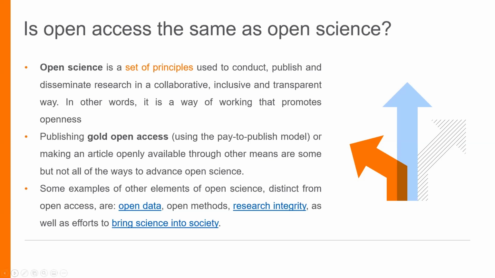Some other ideas for being open in science, distinct from open access, are, for example, open data, open methods, or bringing science into society by giving people access to some kind of resources. I will show you an example of this later during our webinar. So open science is not only about articles, while open access is only for scientific articles.